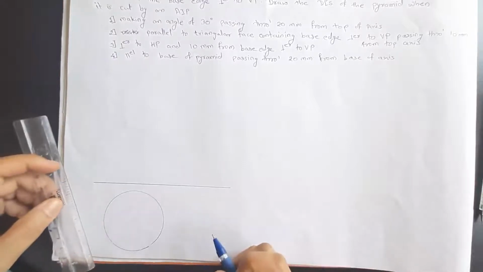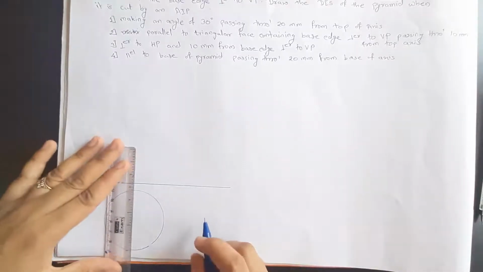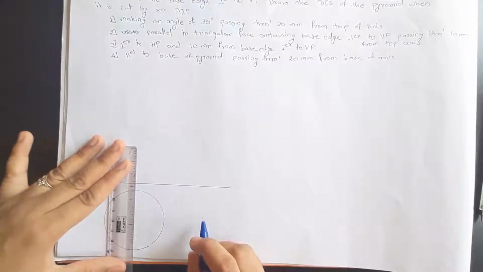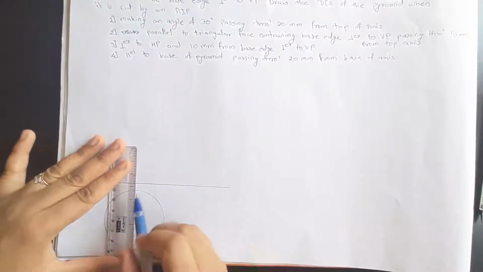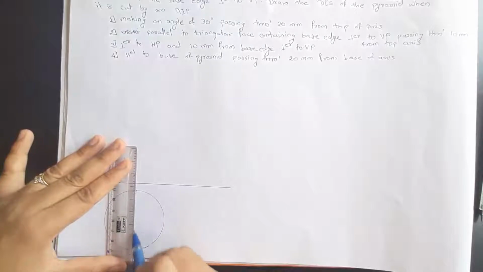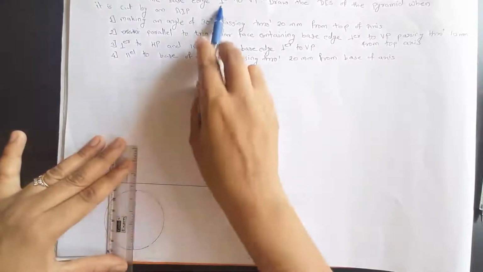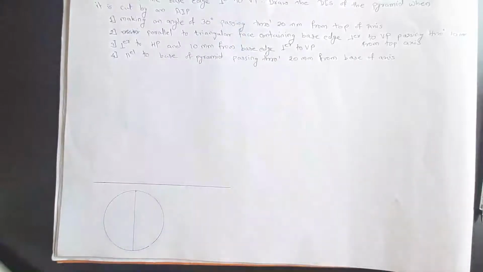As here we want one of the base edges to be perpendicular to VP, first draw the vertical diagonal, or the diagonal which is perpendicular to VP. When the condition is perpendicular to VP, for hexagon draw the diagonal perpendicular to VP.